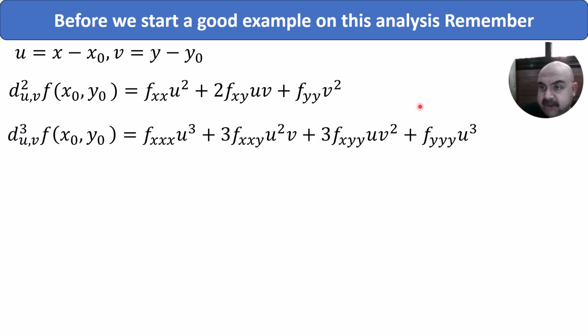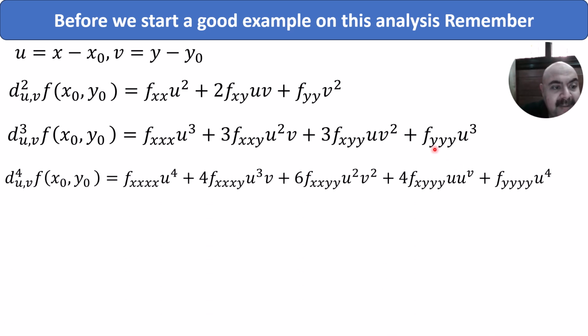Now if this fails, I need to get the third. This is the formula for the third order derivative of a function, as you can see. I get f triple x at u cubed, 3 f double x y at u squared v, 3 f x double y at u v squared, then f differentiated 3 times with respect to y at v cubed. Then if I need the fourth, the equation of the fourth derivative, we also took this before.